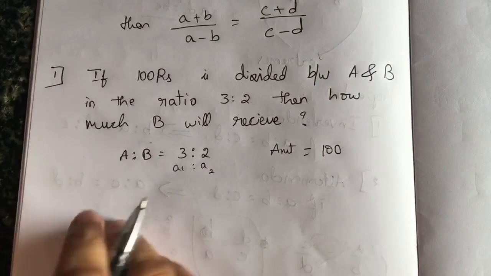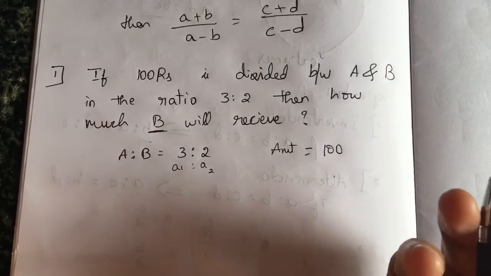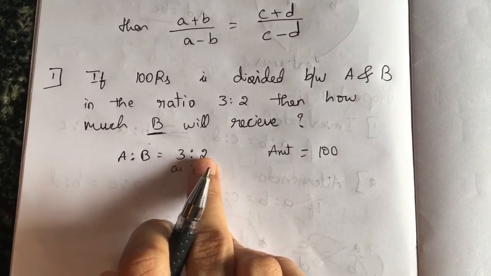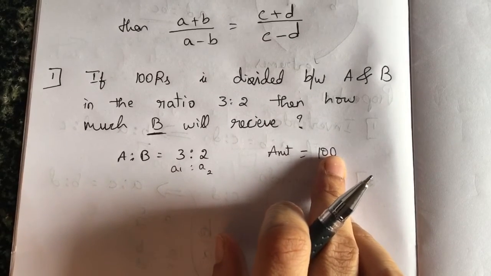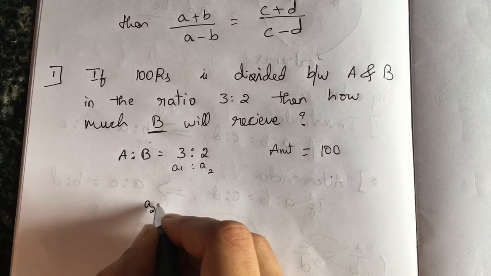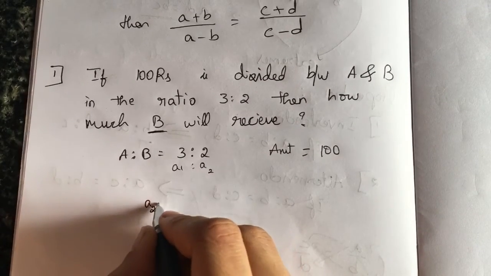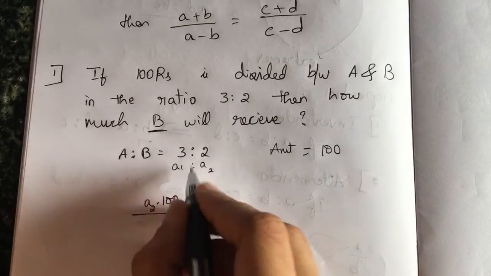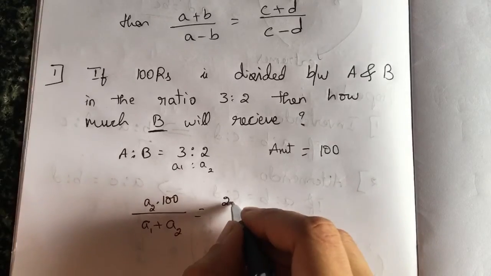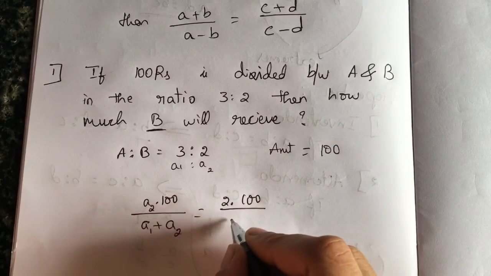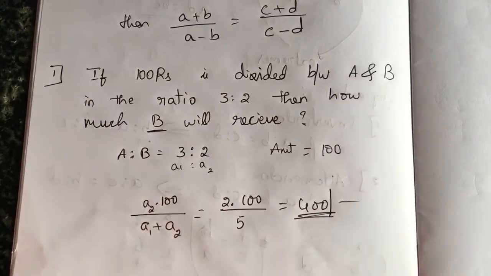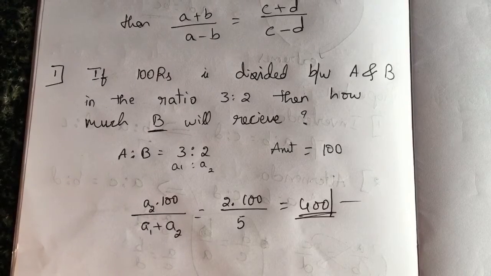So what B, the second person, will get will be the second ratio term, A2, into the total amount divided by A1 plus A2. I hope you remember this. A2 is 2, 2 into 100 divided by A1 plus A2, which is 5. So this will be 400 rupees. So B will receive 400 rupees.